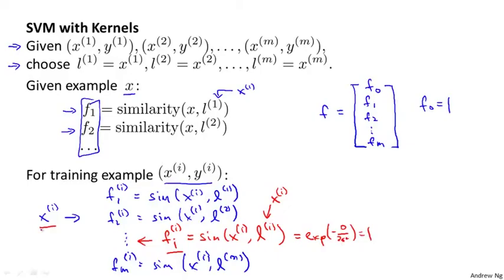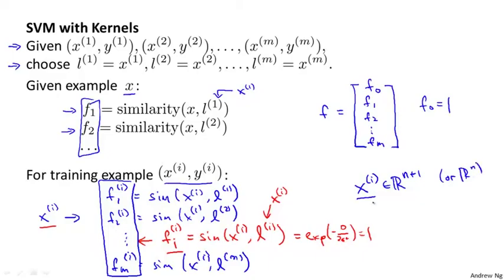And then, similar to what I had above, I can take all of these m features and group them into a feature vector. So instead of representing my example using xi, which is this Rn or Rn plus 1 dimensional vector, depending on whether you count the intercept term, we can now instead represent my training example using this feature vector f.